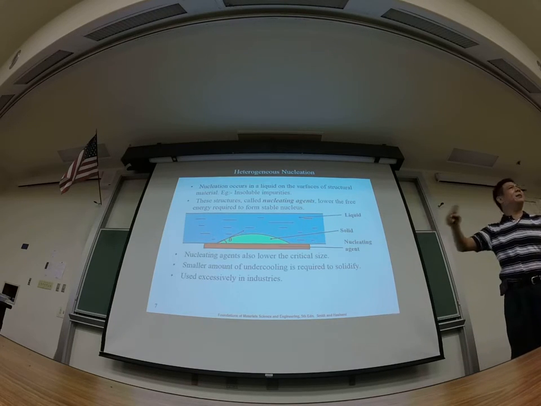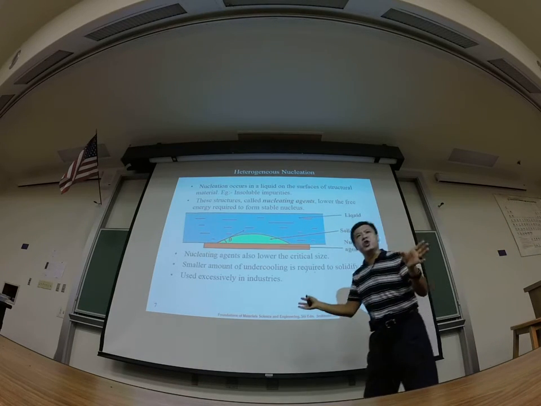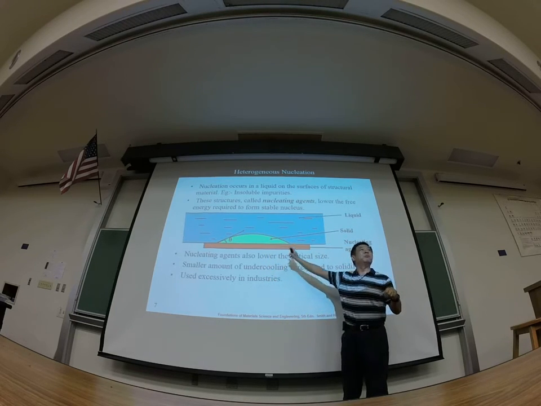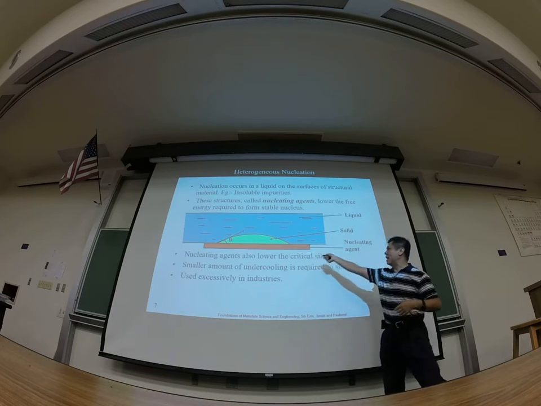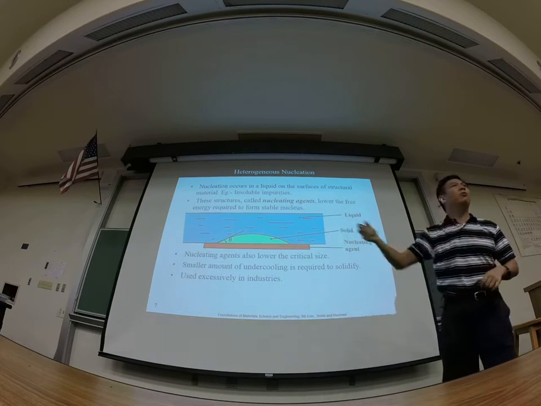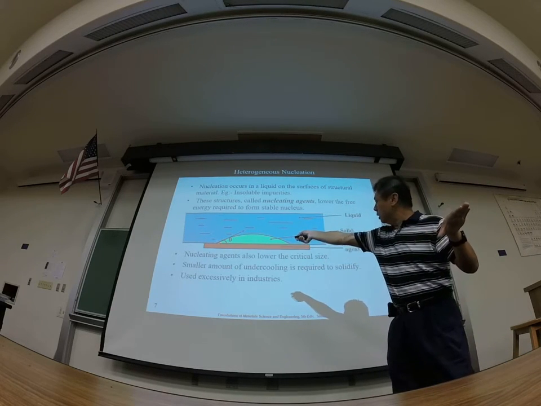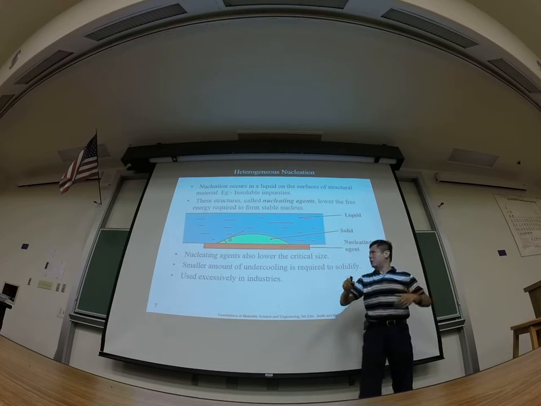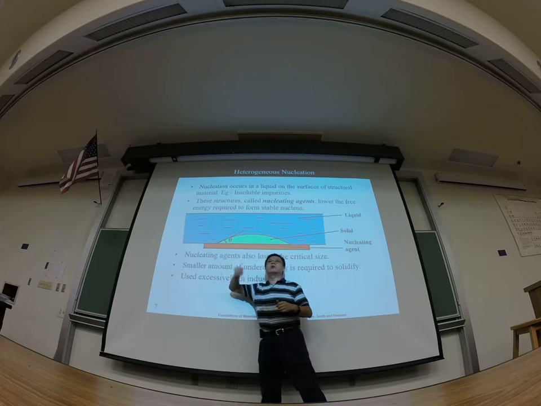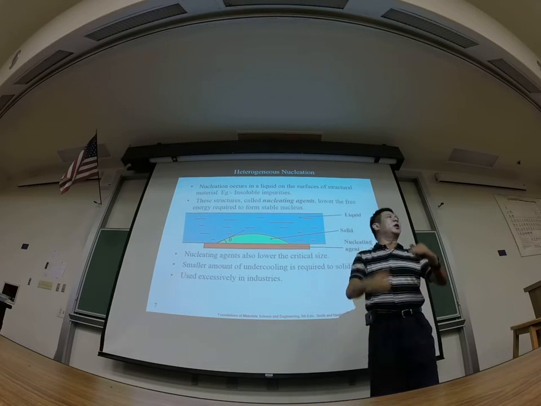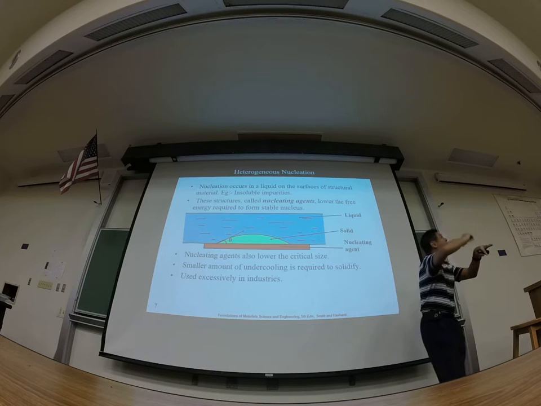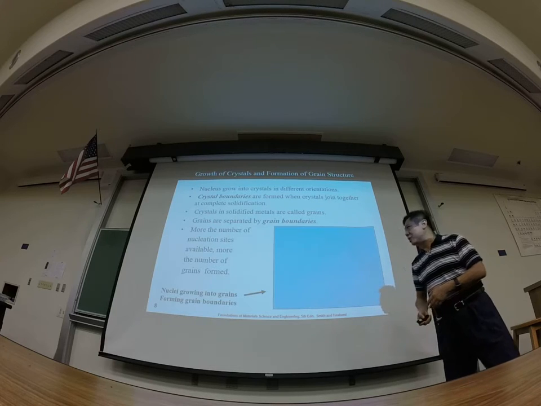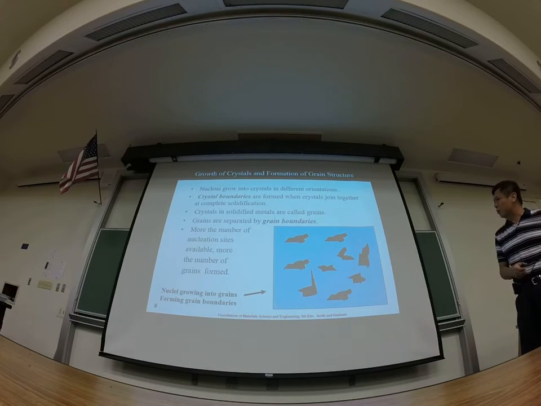And the reason why heterogeneous nucleation usually happens instead of the homogeneous one is because when you have an impurity surface and your metal liquid can wet the surface, they prefer to condense on this kind of impurity surface first because it will reduce the overall surface energy. Okay, so that's the reason why heterogeneous nucleation occurs more frequently than the homogeneous one.